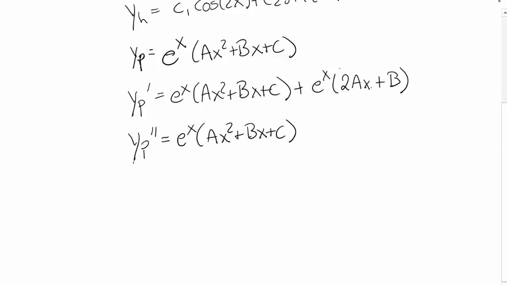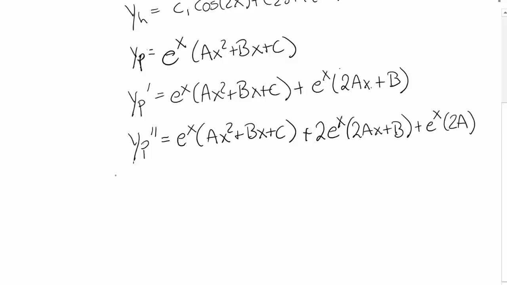I'll pick up an e to the x times 2ax plus b from the first. I'm going to pick up another one of those from differentiating the second. So when I'm done, I'm going to have two of them total, so 2e to the x times 2ax plus b. And then the last part of the product rule in that second one is e to the x times 2a.